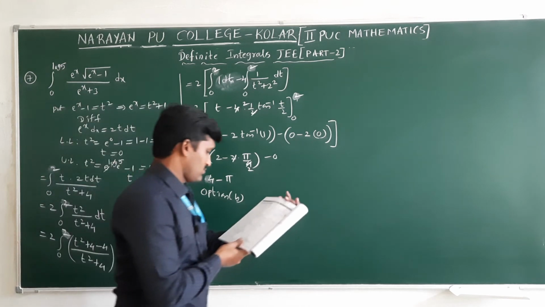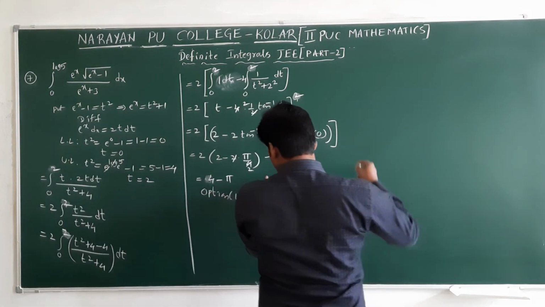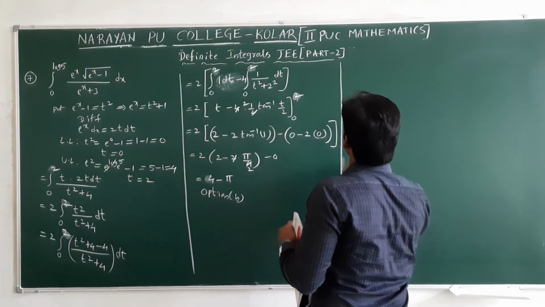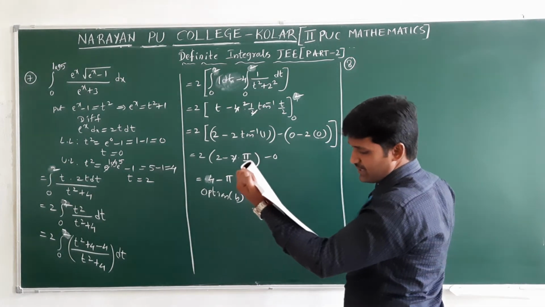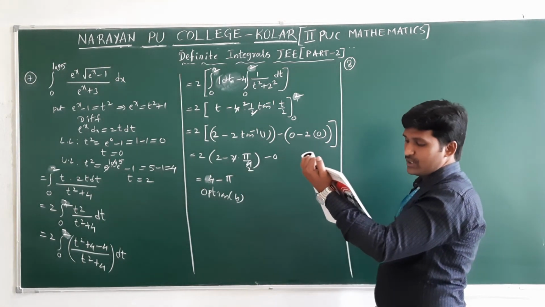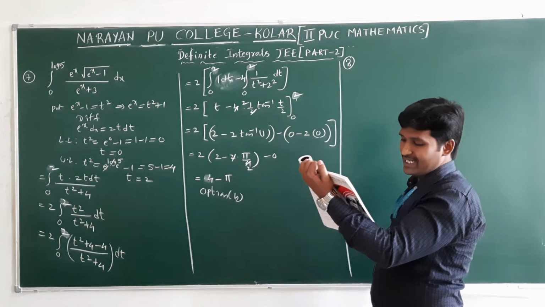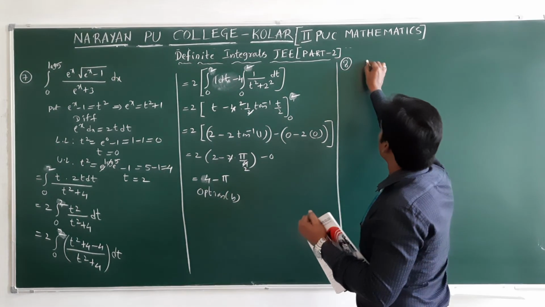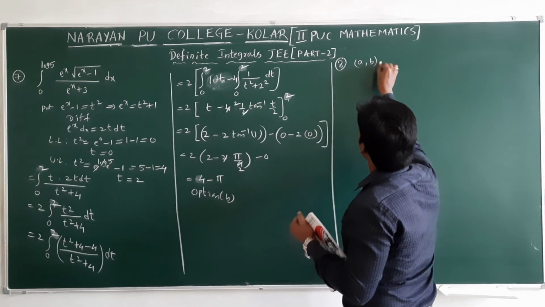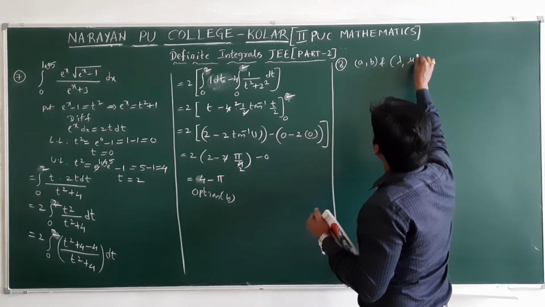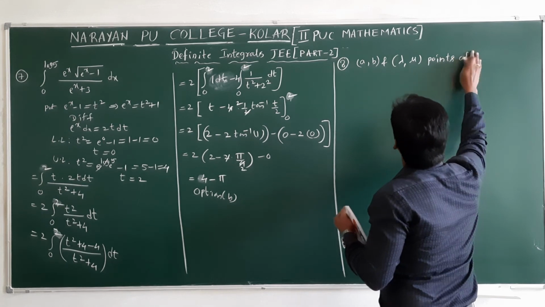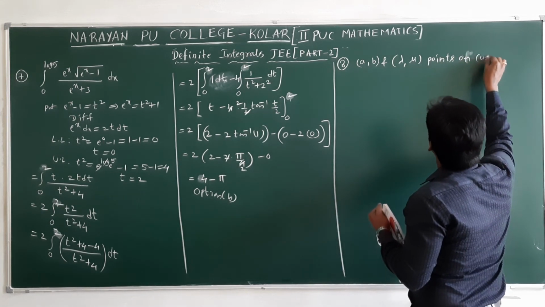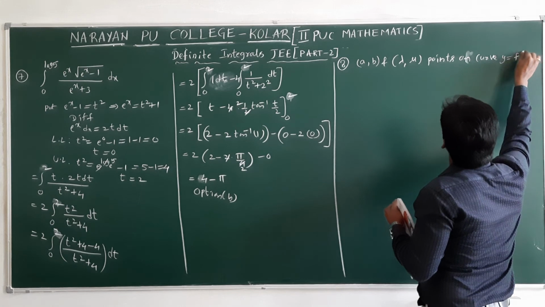Coming to the 8th one, question number 8. Let (a, b) and (lambda, mu) be 2 points on the curve y equal to f of x.